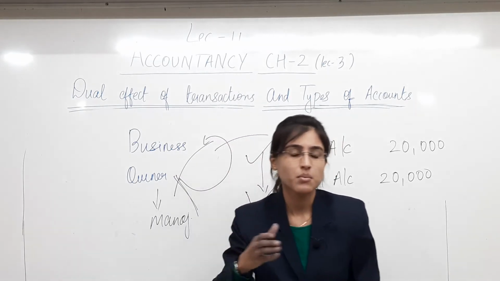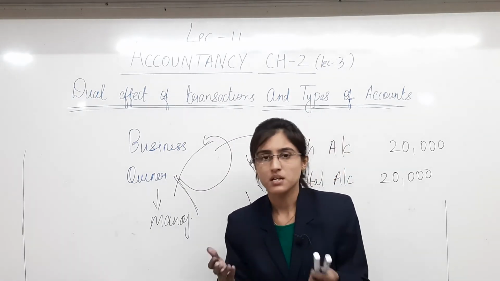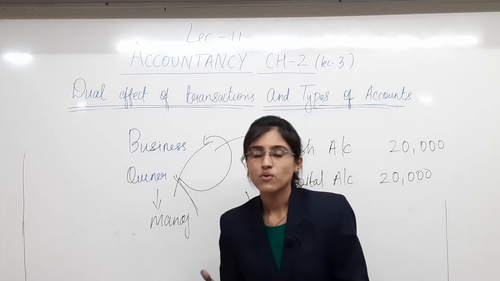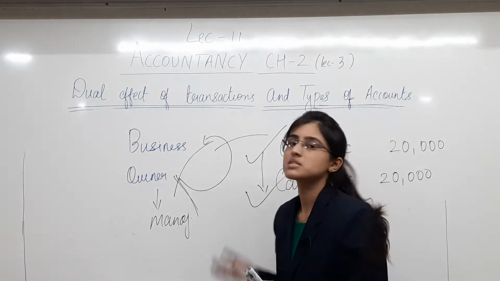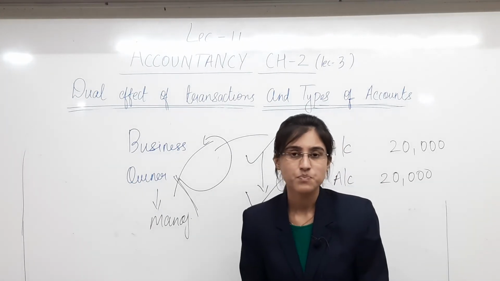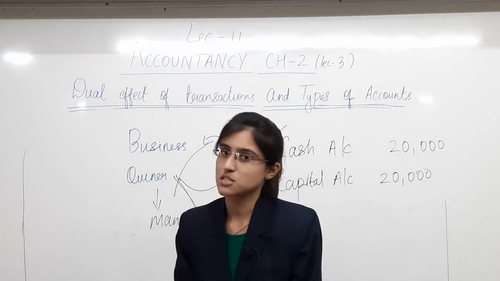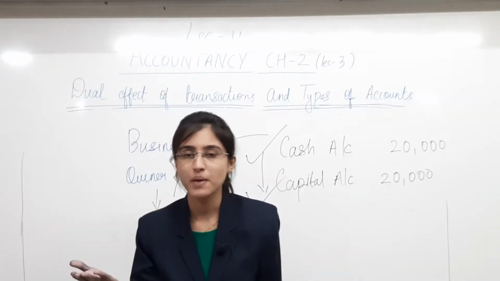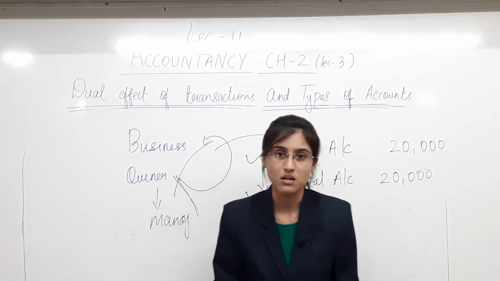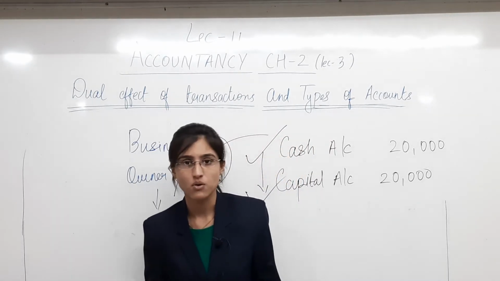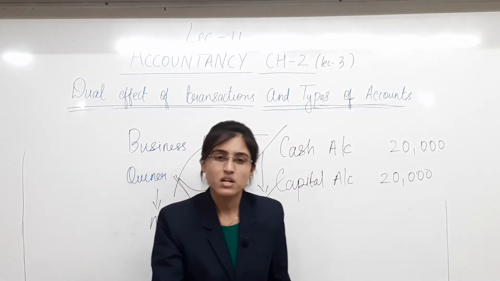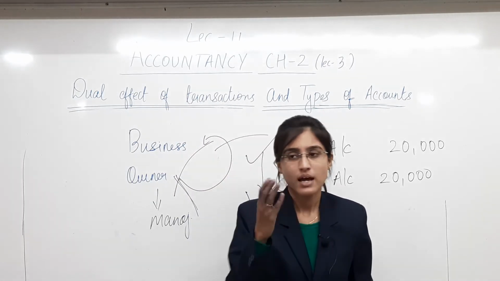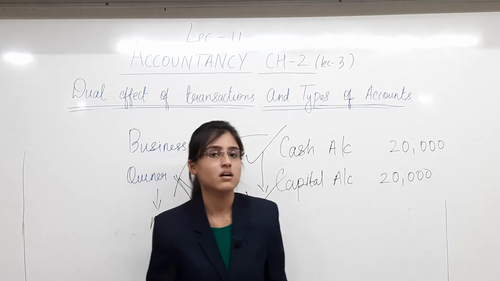We are not talking about its compulsion, but yes, current account is to be opened with bank for carrying out the transactions of business. So this is about business bank account and not your personal savings account. Obviously, you might be having a bank account, even I am having a bank account, but that is the savings account. For the transactions of business, you need to have a current account with bank, which is said to be the business bank account.